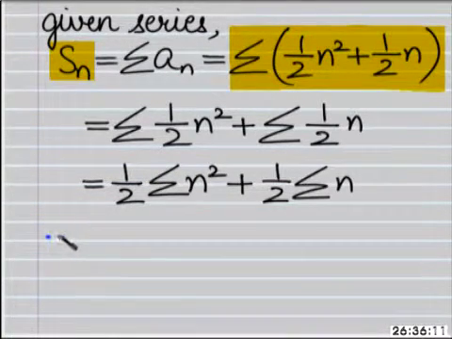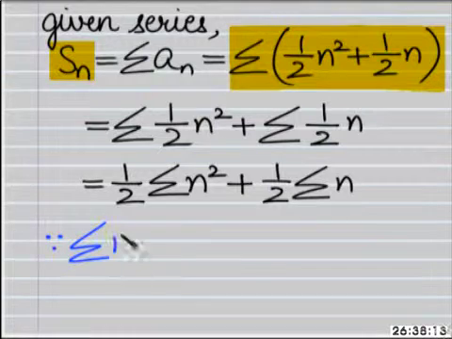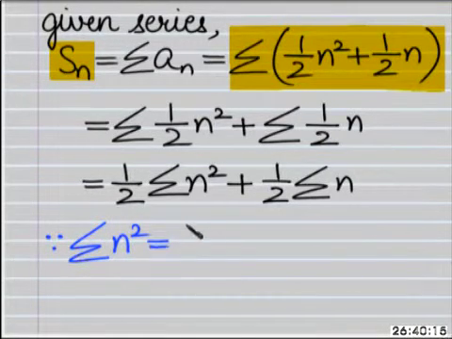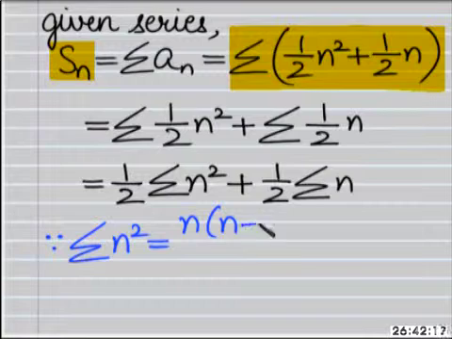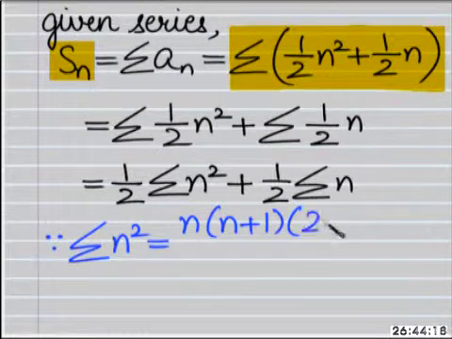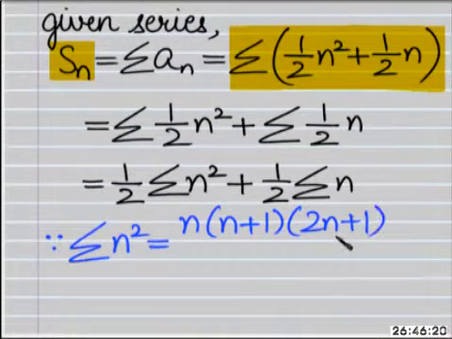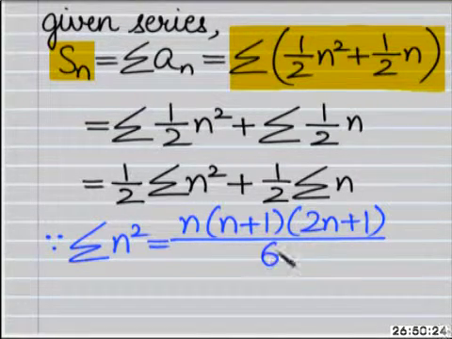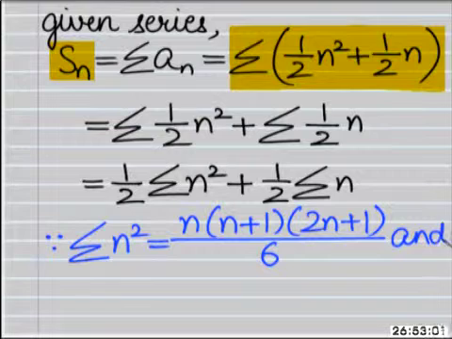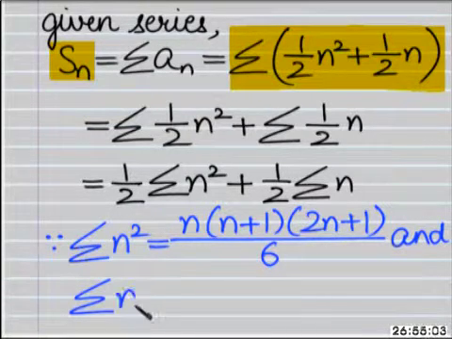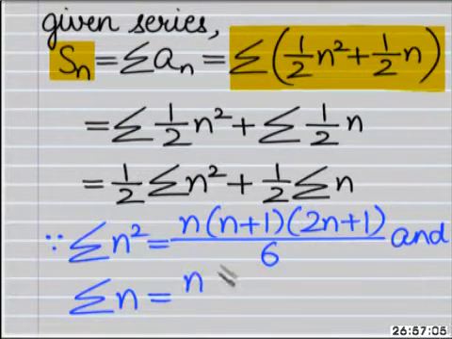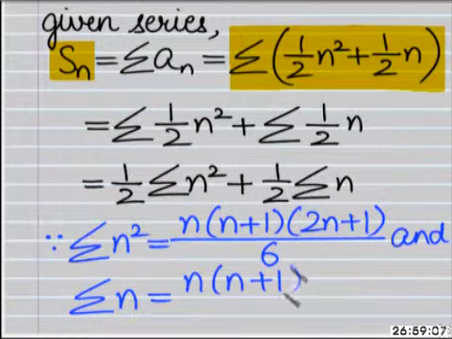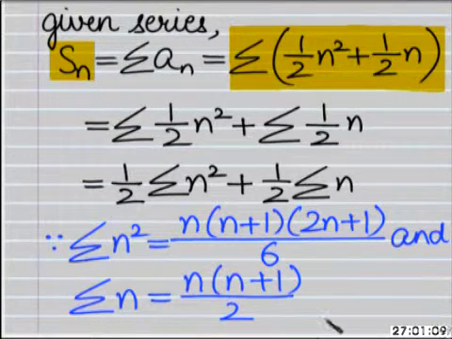Now, because we know that summation of n square is equal to n into n plus 1 into 2n plus 1 whole divided by 6, and summation of n is equal to n into n plus 1 whole divided by 2.